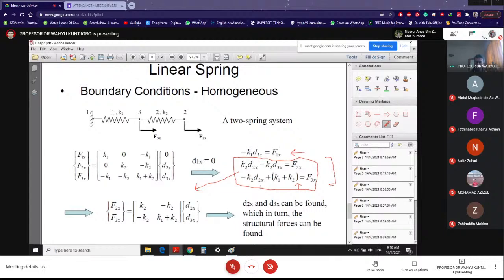All right, this matrix cannot be solved, but after you introduce the boundary condition, then you end up with these two equations, which from the matrix point of view is this equation. So with that, you can solve this matrix.